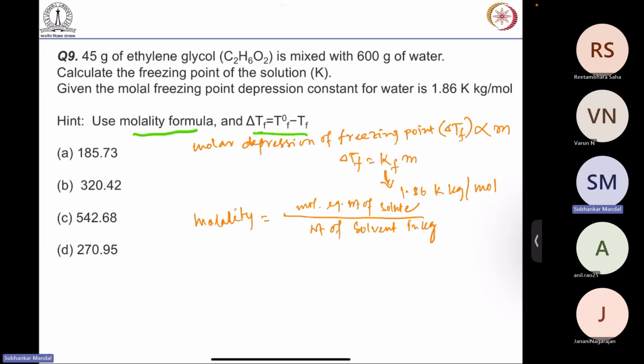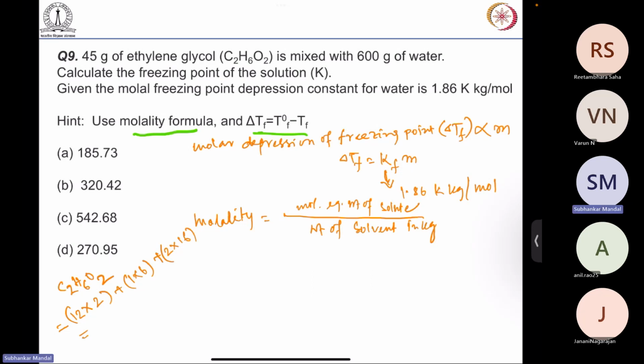So now we can calculate this. For C2H6O2, what is the molecular weight? Carbon is 12 into 2, plus hydrogen 1 into 6, plus oxygen. What is the atomic weight of oxygen? 16.